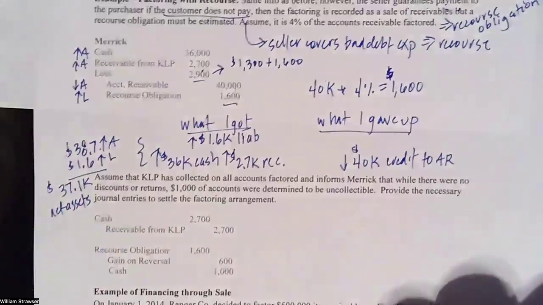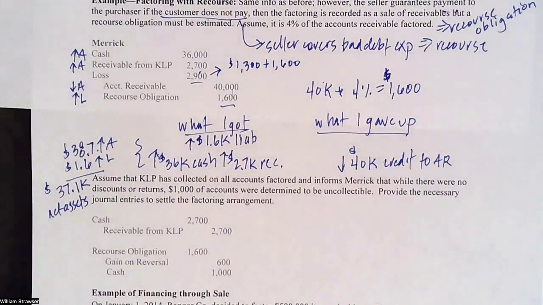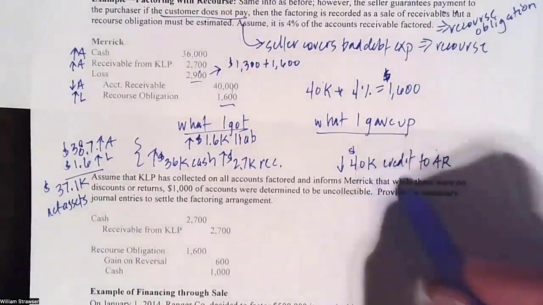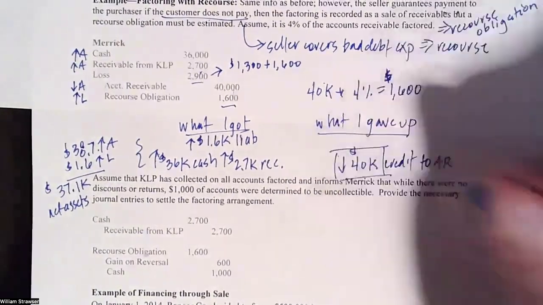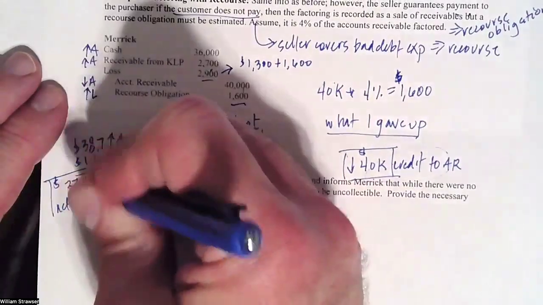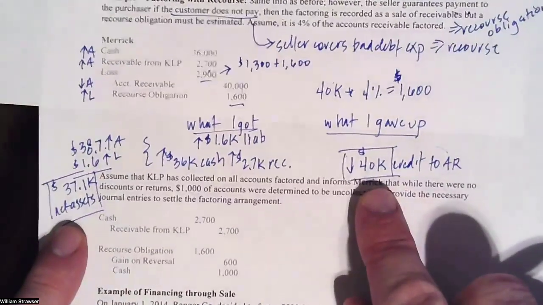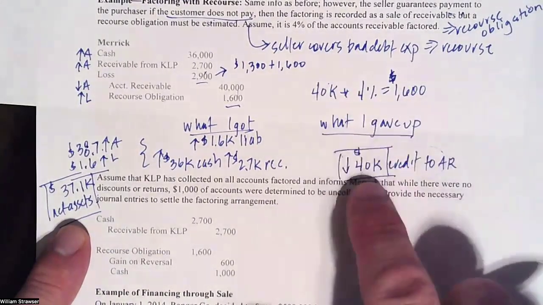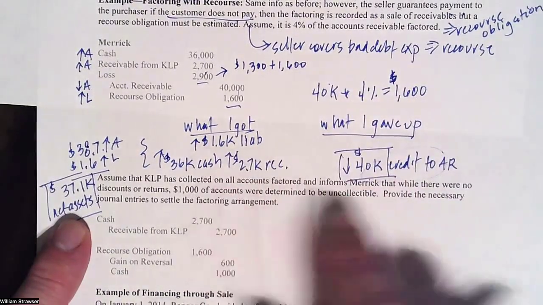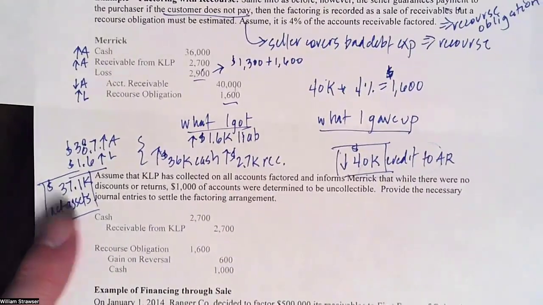That's what I truly got when I subtract off that liability. This doesn't change at all, of course. This is a $40,000 decrease in my assets, but you'll notice that the $2.9 thousand loss comes from evaluating the difference between the net assets that I got versus the net assets I gave up.